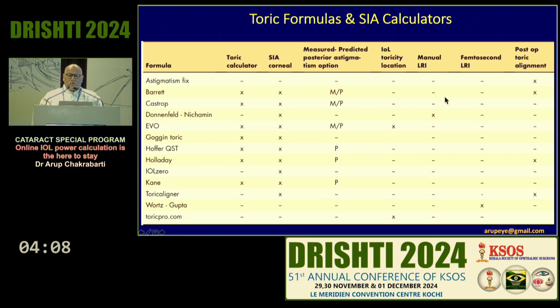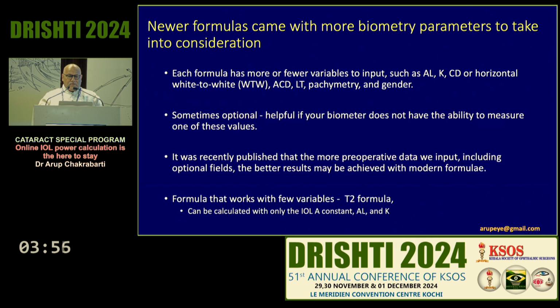Some of the formulas do not give results for cases where post-refractive surgery, LRI has been done, or post-hyperopic laser has been done. So you have to be very careful. The hallmark of most of these new formulas is that they have a larger number of variables, which makes them more accurate.